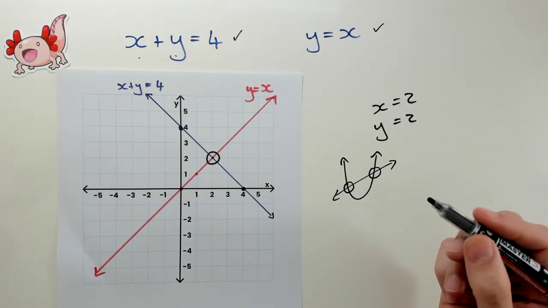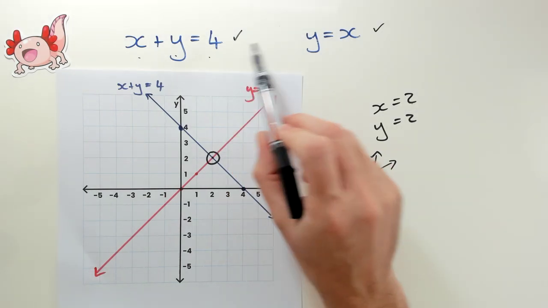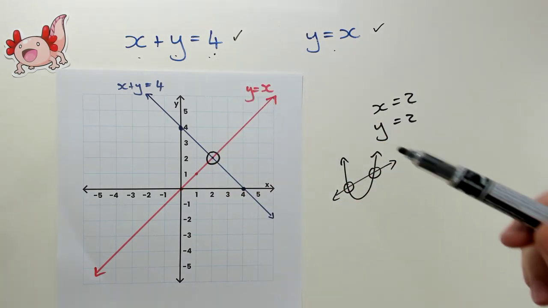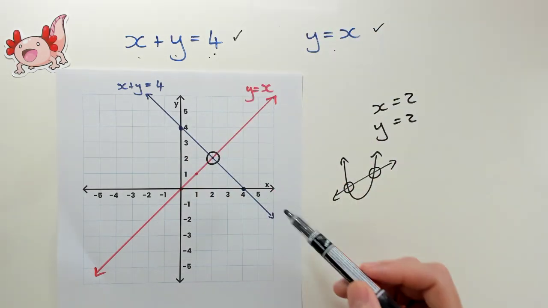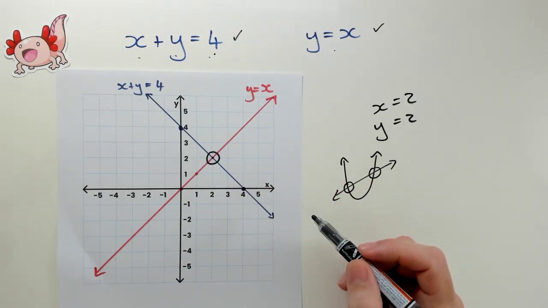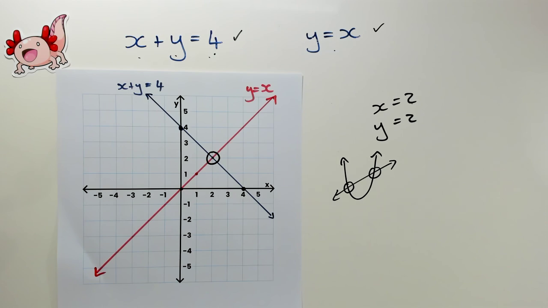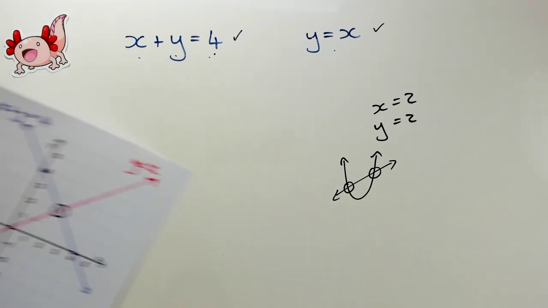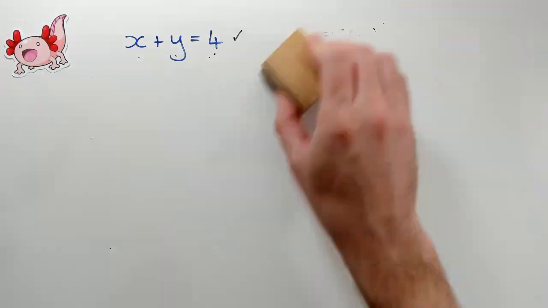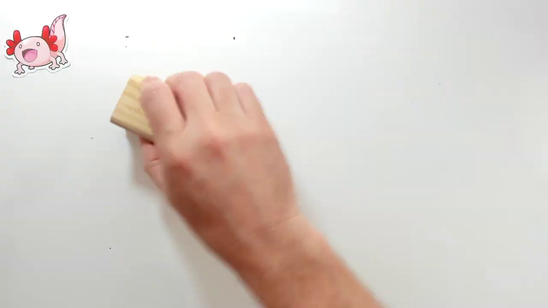But the point you should understand is that whenever we get 2 equations, we can solve them simultaneously by drawing them and then checking where they cross. Then we're going to look at other ways as well, but let's just do baby steps for now. So this is the one example. We're done with that one. Put it aside, and let's take a look at another one. You should maybe get some graph paper.